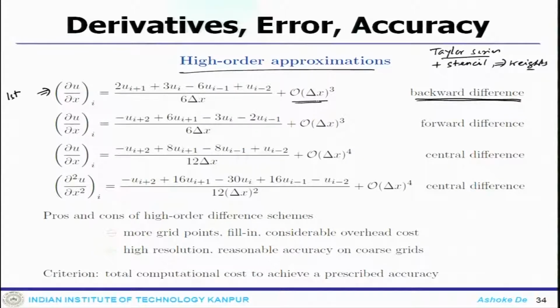So, I am trying to find out first derivative using backward scheme. So far we have seen that first derivative using backward scheme always gives back a first order accurate system, but if you use higher order approximation, this is very important to note, then the weights are different, this becomes third order accurate.